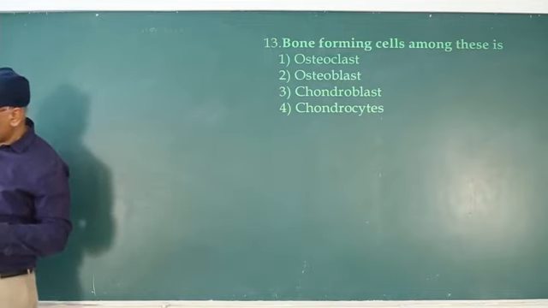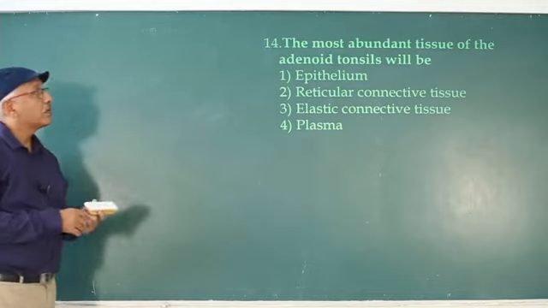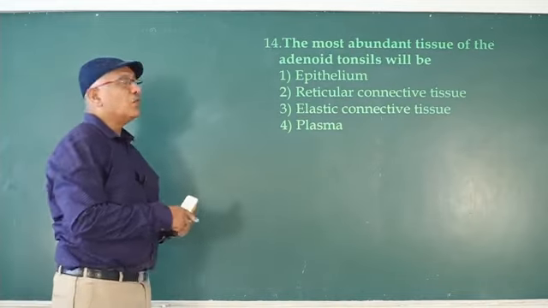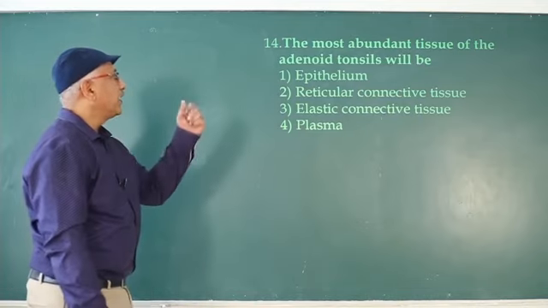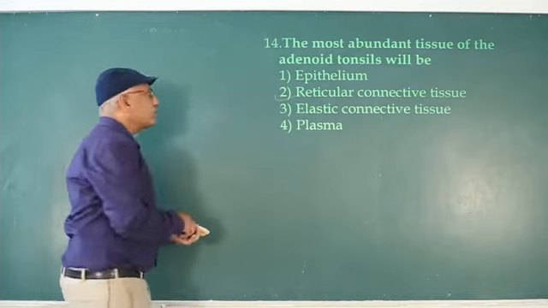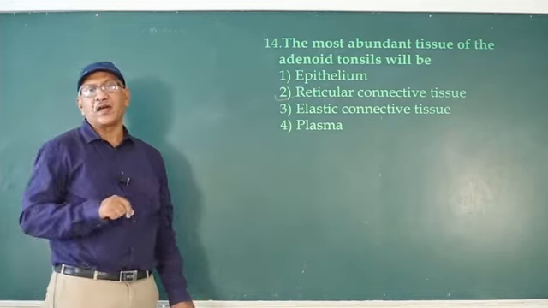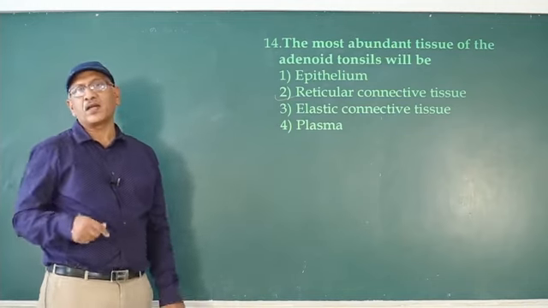Next question is, the most abundant tissue of the adenoid tonsil: reticular connective tissue. Reticular connective tissue supports the lymphatic organs. Tonsil is a lymphatic organ.